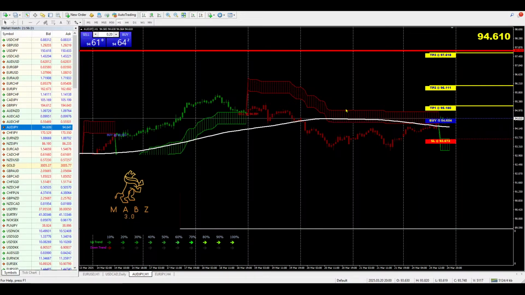Obviously the guy with the smaller account will use a smaller lot size, and the other guy with the bigger account will use a bigger lot size. So you need to select the correct lot size, because that's very, very important.